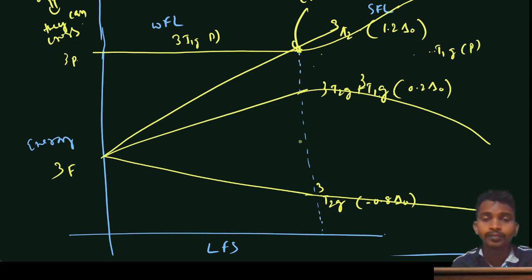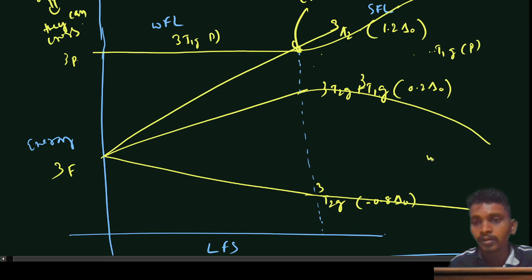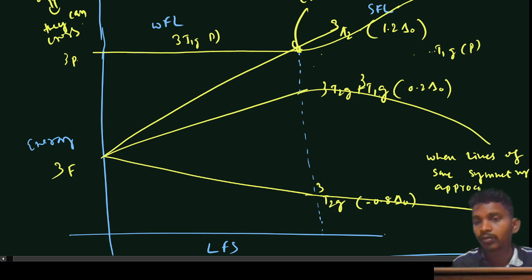So as I noted in the past class, when lines of the same symmetries approach each other, they always repel.